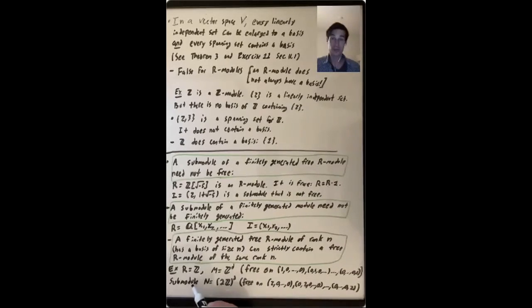It has a submodule, a subgroup N, which is (2Z)^d, which is free on things that look like 2 times the standard basis vectors: the d vectors (2,0,0,...,0), (0,2,0,...,0), and so on, up to (0,0,...,0,2). You can check that this really is a submodule. It is, and it's free on this set. And certainly, there are things in M that are not in N.